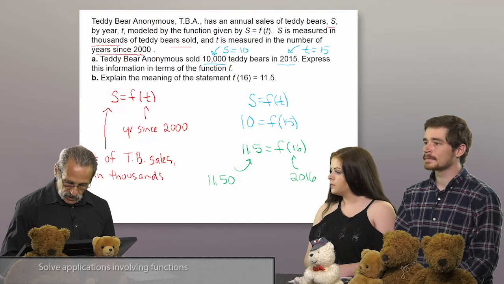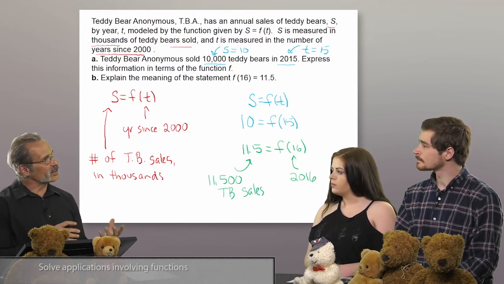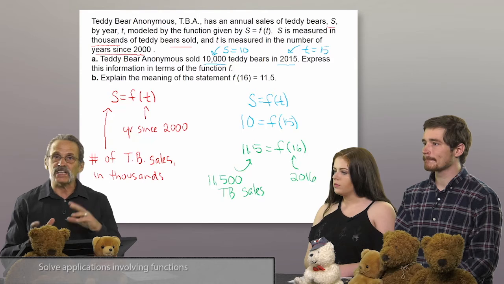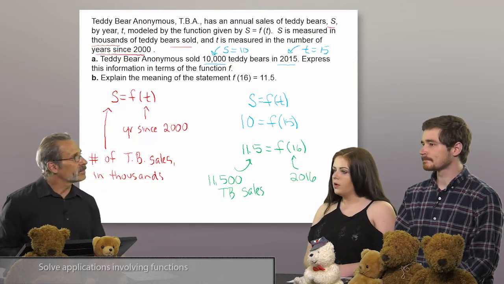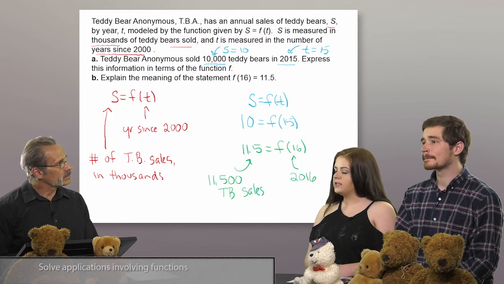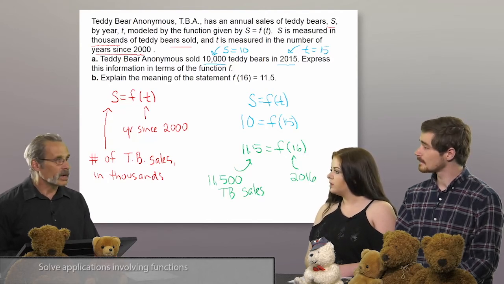That's absolutely perfect. Now all you have to do is phrase this as a sentence. Because I have f of 16 is equal to 11.5, that means in 2016, there were 11,500 teddy bear sales. Beautiful job. Thank you.